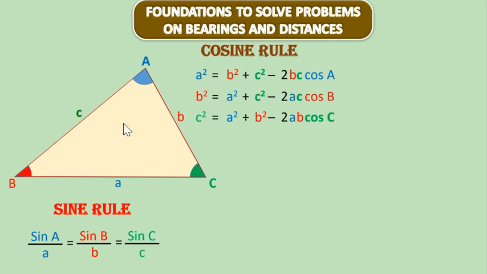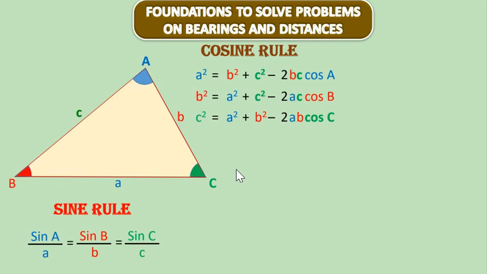Now, we come to the condition to use sine rule. To use sine rule, a side and the angle opposite it, that is, if side b is given and angle B is given, and any other side or any other angle is given, we can use sine rule.